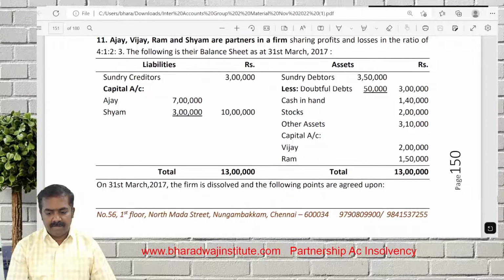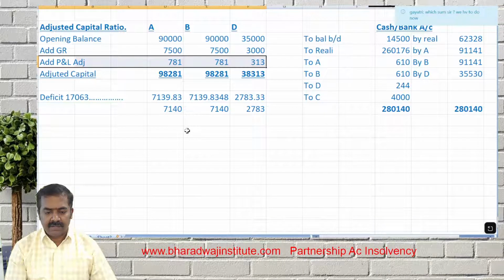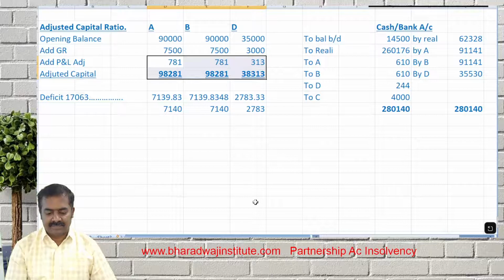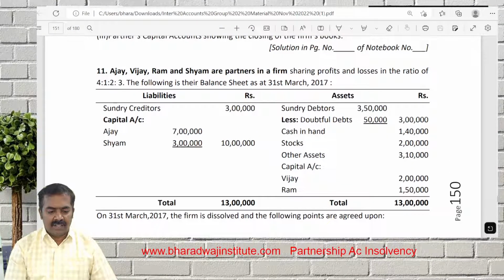Sir, can you repeat what is the ratio? Supposing there was an investment loss, we would have subtracted it. Question number 11: Ajay, Vijay, Ram, Shyam.